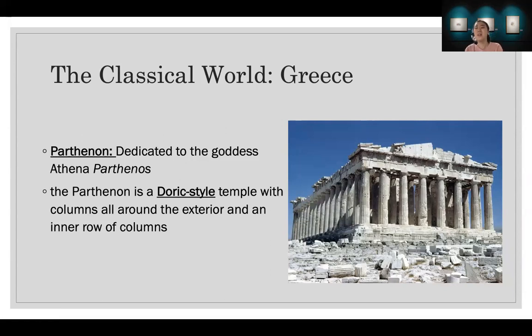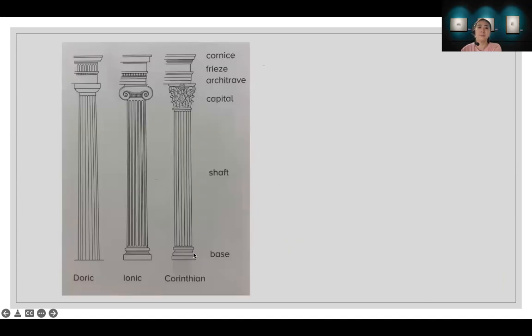The Parthenon is a Doric style temple with columns all around the exterior and an inner row of columns on each of the short walls. So let's see what the Doric style is in detail. The left one is the Doric style that the Parthenon has.